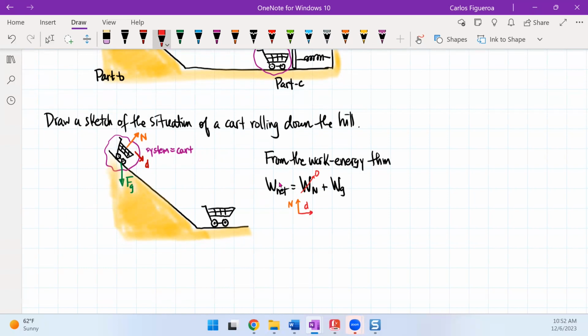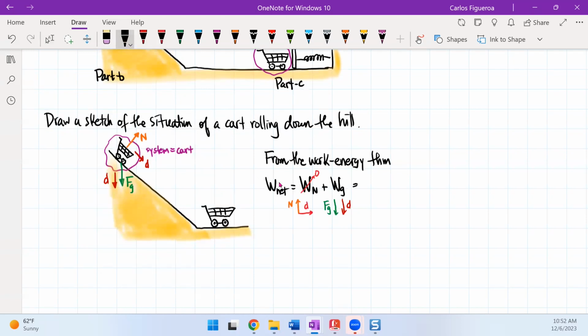But the reason why this cart speeds up here is because now part of this displacement also has to be going down. So when I look at the work of gravity, I can see here that the force of gravity and the displacement is also going to be down in this case.